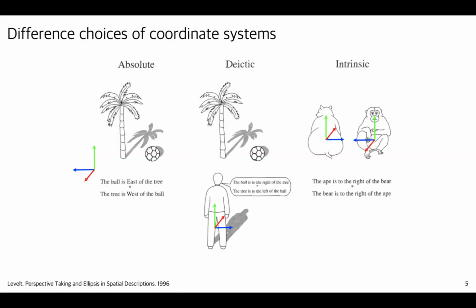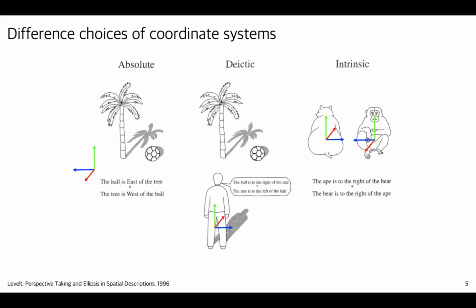Then we can consider a third coordinate system, the intrinsic object coordinate system, where we define the coordinate system based on the object's own orientation. In that case, we may say that the ape here is to the right of the bear, and the bear is to the right of the ape as well, because they are facing different directions. So here, left, right and up define how the objects are oriented.